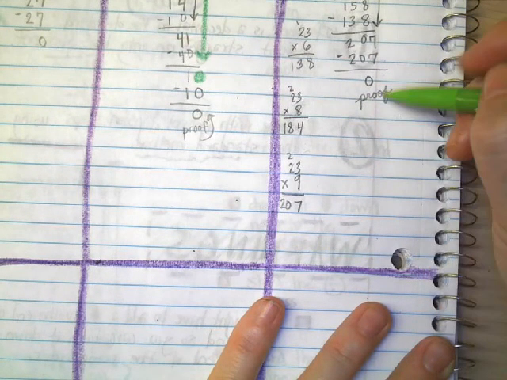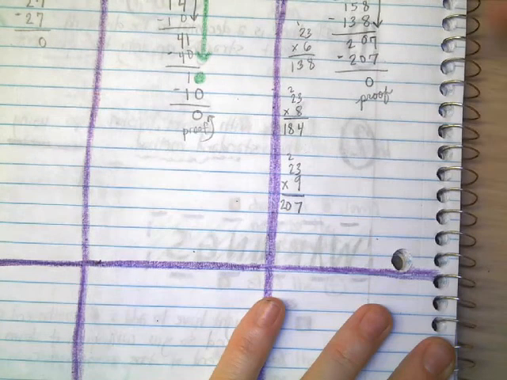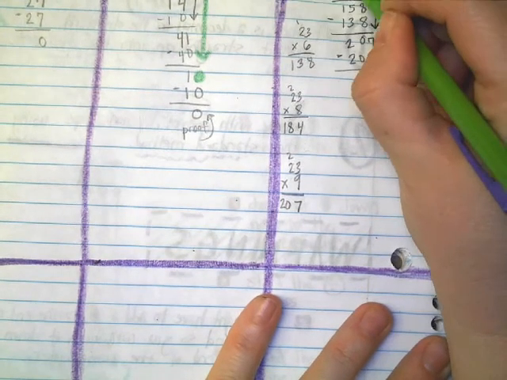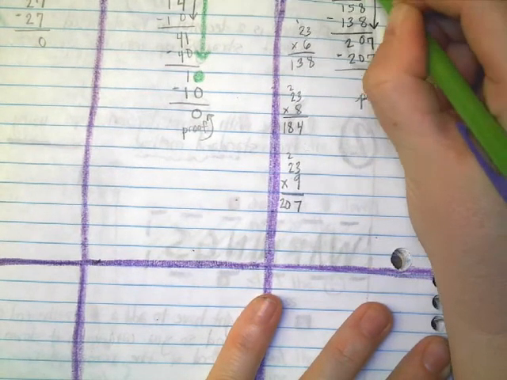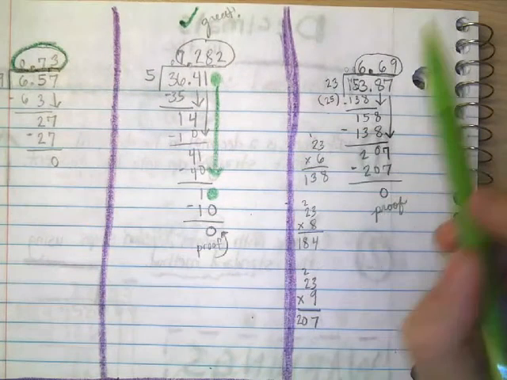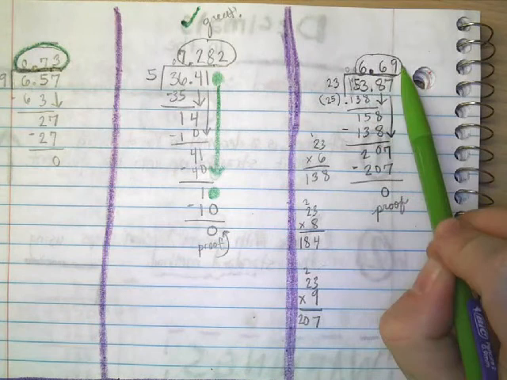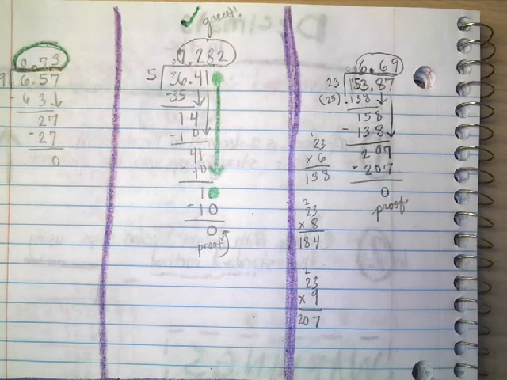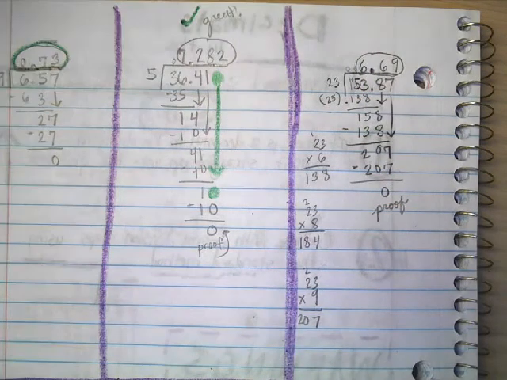It is 9. So 9 goes on the answer line. 207 gets subtracted from 207. To prove, you're going to write your little proof. It's proof that you got to 0. So the answer is 6 and 69 hundredths, or 6.69.